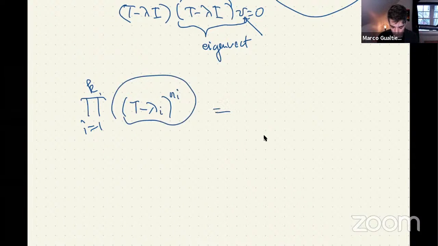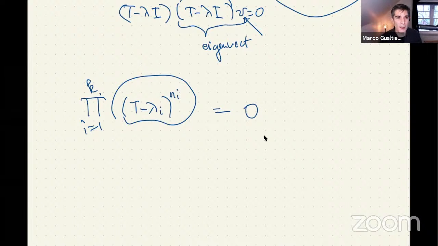And this is 0 because it's the minimal polynomial. It kills T. So the minimal polynomial tells us that it's important to look not just for the vectors that are killed by T minus lambda, which we love so much, but you should also look for those vectors that are standing behind those vectors, which are eventually killed by T minus lambda I.